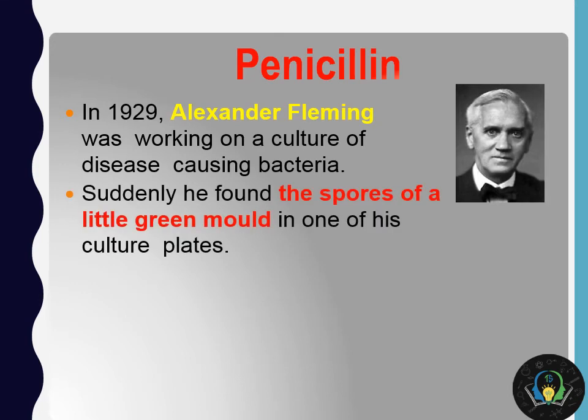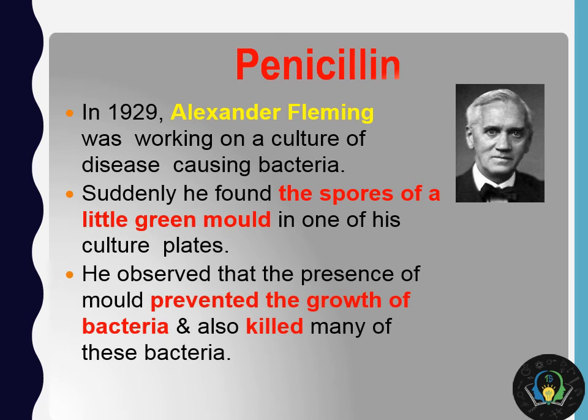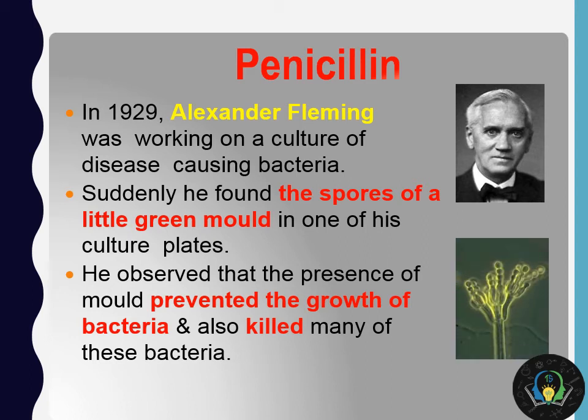Suddenly he found the spores of a little green mold in one of his culture plates, and he observed that the presence of the mold prevented the growth of bacteria and also killed many of these bacteria. That's how he came up with the penicillin antibiotic.